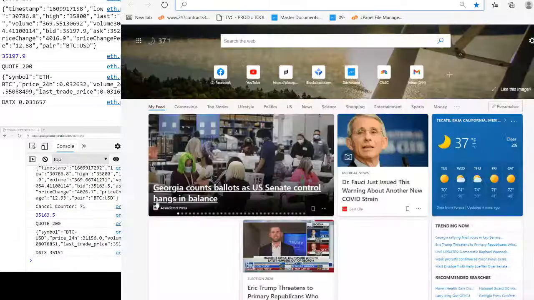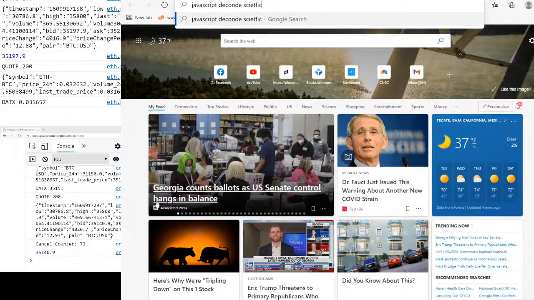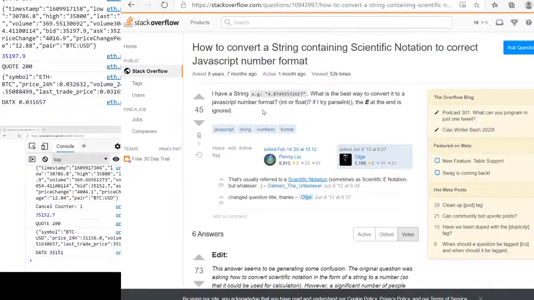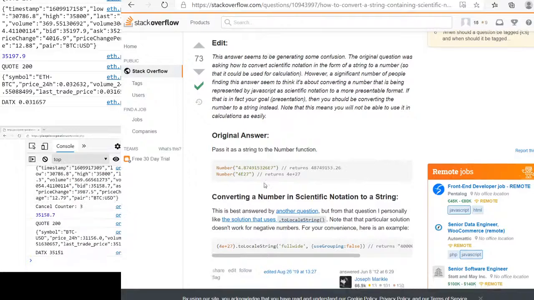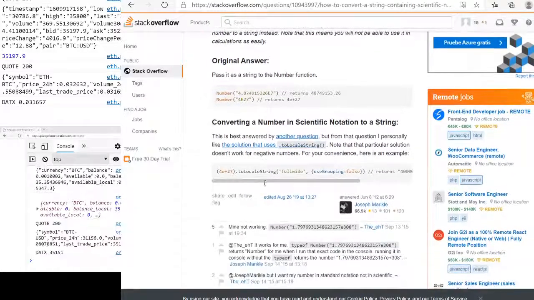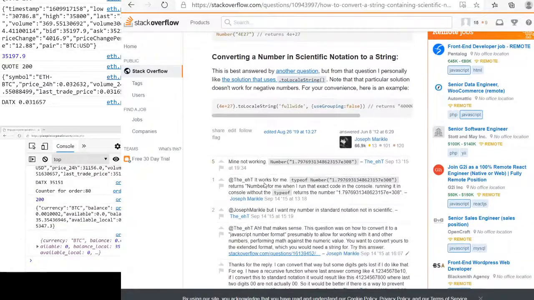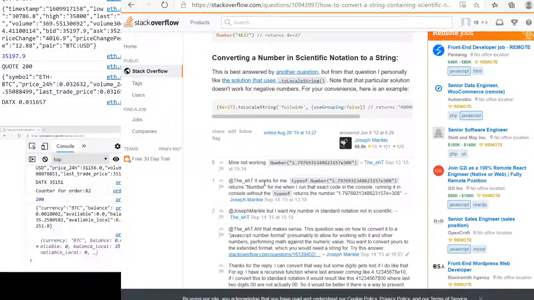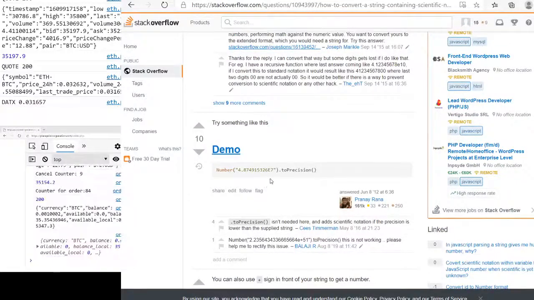Decode JavaScript, decode scientific notation. How to convert string to scientific notation. Number returns 4e. No, it's toString, toPrecision.